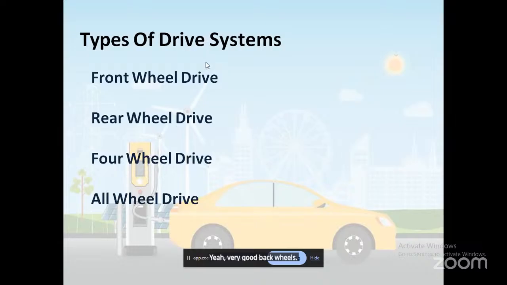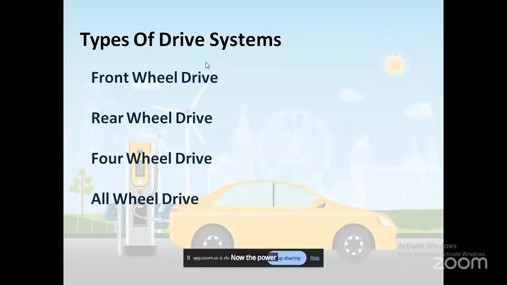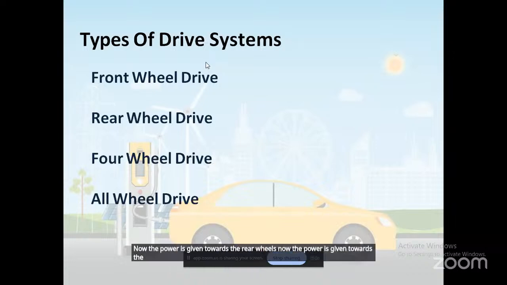So in the case of the rear wheel drive, the power is given towards the rear wheels. My rear wheels are pushing the vehicle, or pushing the front wheels.